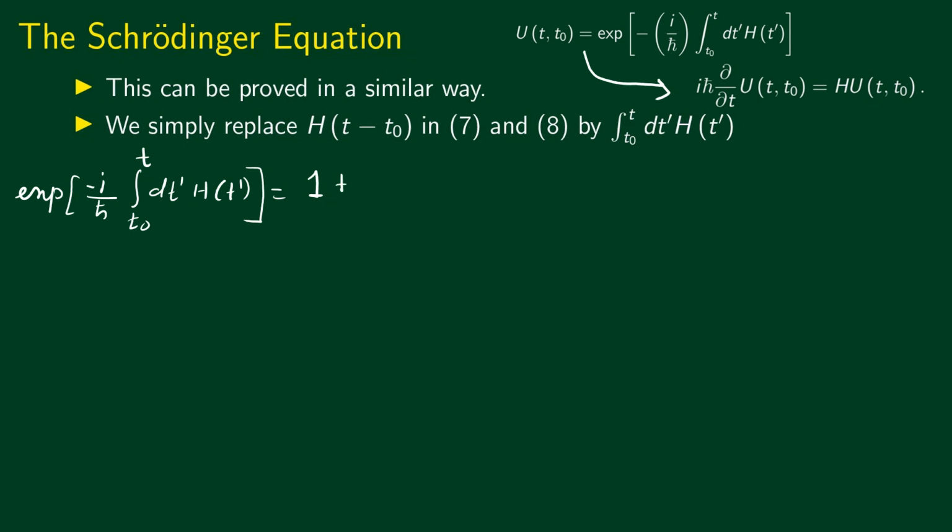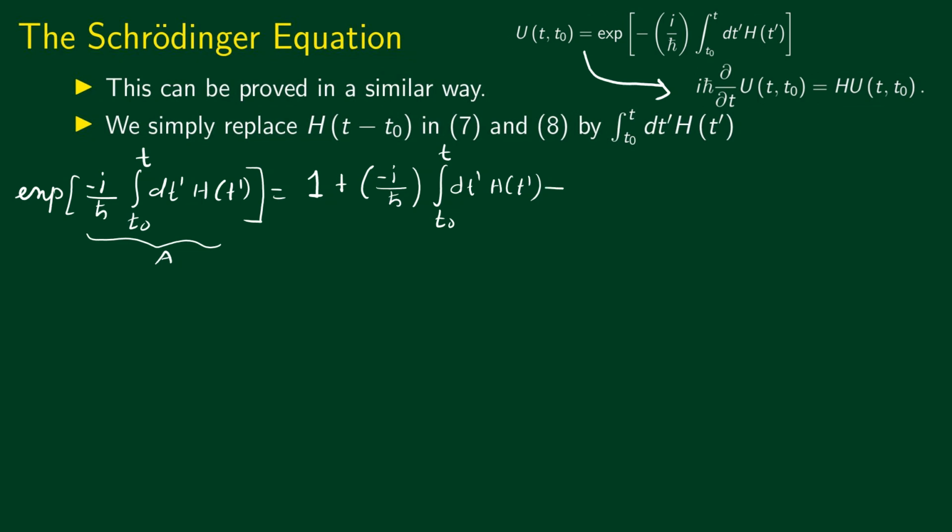The second term: if you have e raised to A, it's 1 plus A plus A squared by 2 factorial. So 1 plus A is minus i divided by ħ integral t0 to t dt' H(t').